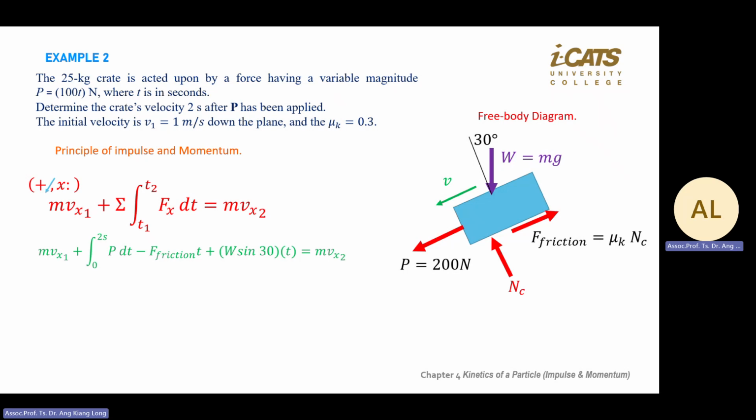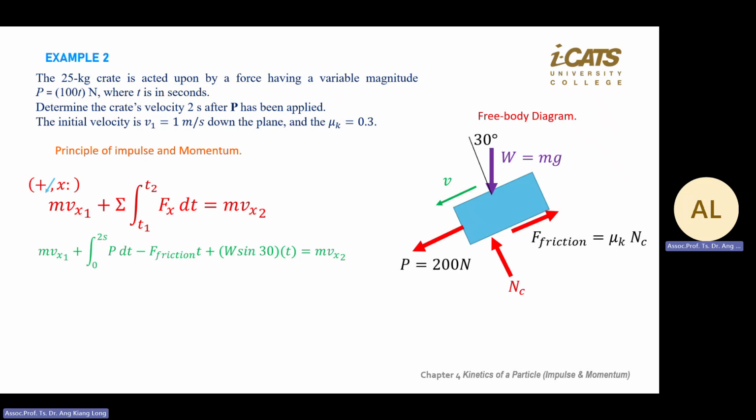Okay, here I put in the P there because I don't know the value of P. Here I am given 100 t, so I just put in the force terms first, so I don't confuse myself. I just focus on the forces first because each force gives you impulse, and then your mvx2.